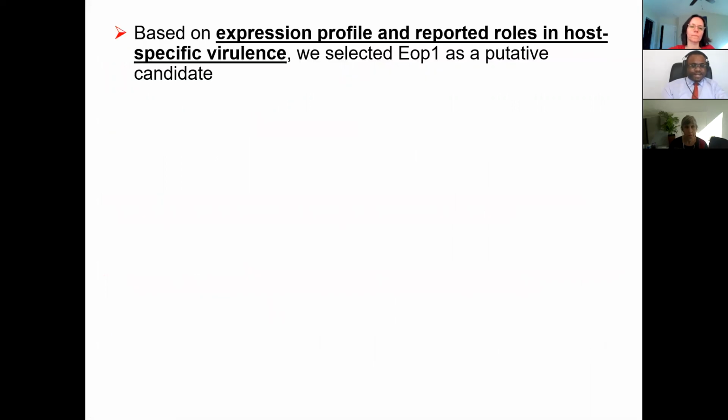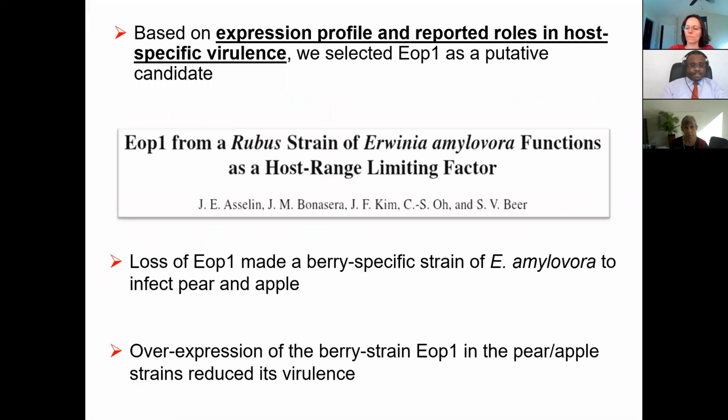Based on expression profile and reported roles in host specificity among some phytopathogenic bacteria, we selected Eop1 as a putative candidate for host specific virulence in Erwinia tracheiphila. If you look at this publication, it showed that Eop1 limited the host range of Erwinia amylovora strains.